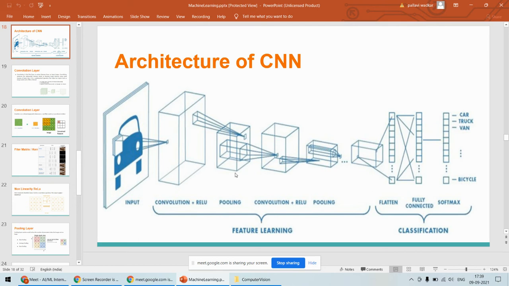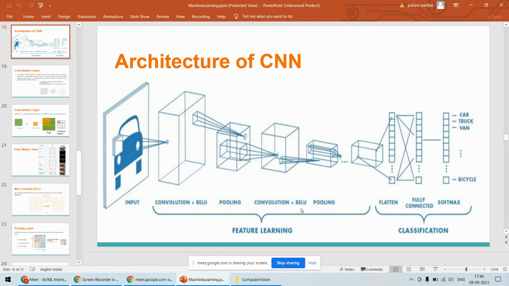But here we can again use the convolution layer, ReLU, pooling, and again one more convolution, ReLU, pooling. Depending upon the architecture of your convolutional neural network, you can add a number of convolutional layers, ReLUs, and poolings, and there can be a complete chain of it.